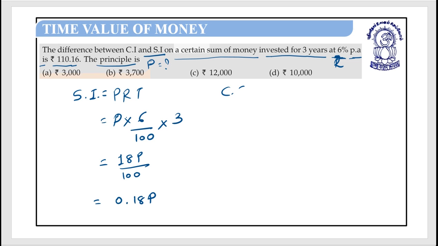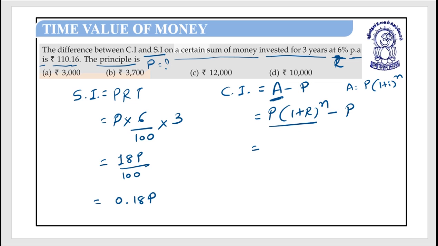Now find out the compound interest, is equal to A minus P. A is also P into 1 plus R raised to N, minus P. Amount equation is P into 1 plus R raised to N. P is unknown, so take common P. So 1 plus R, rate is 6%, 6 by 100 raised to N means 3 years, so 3, minus 1.